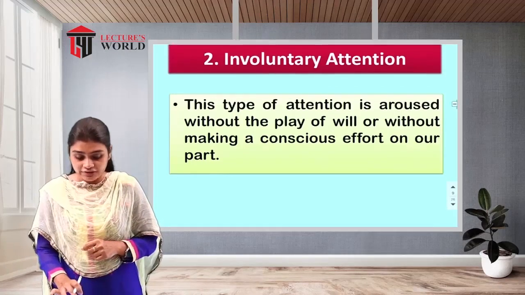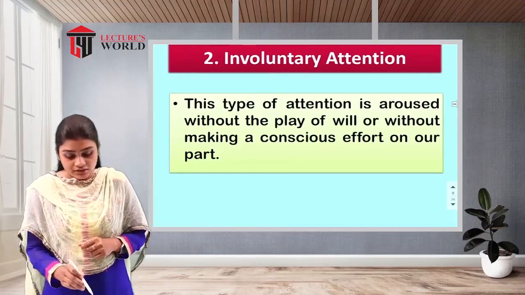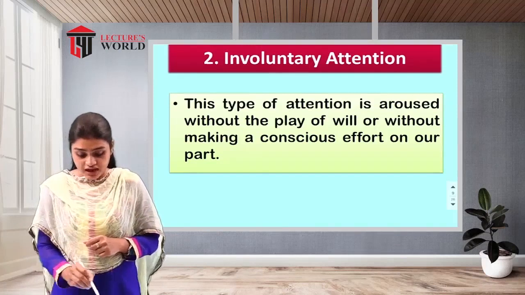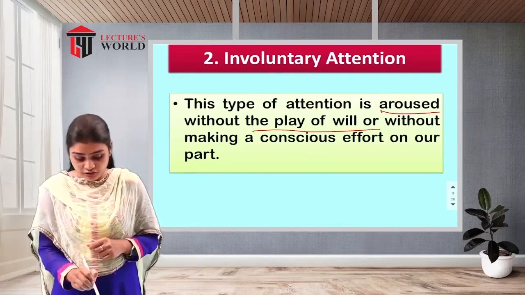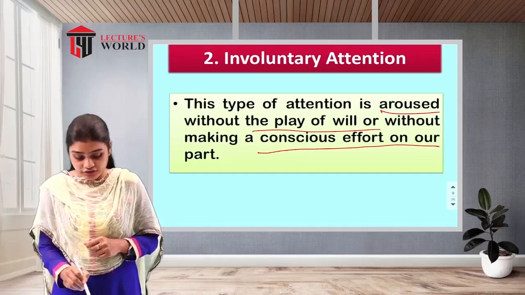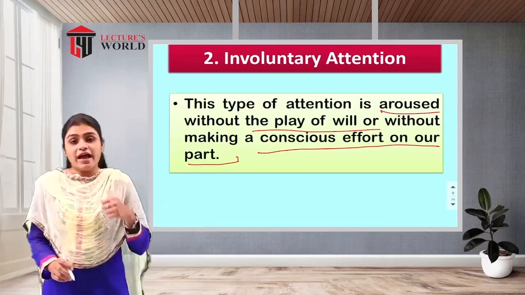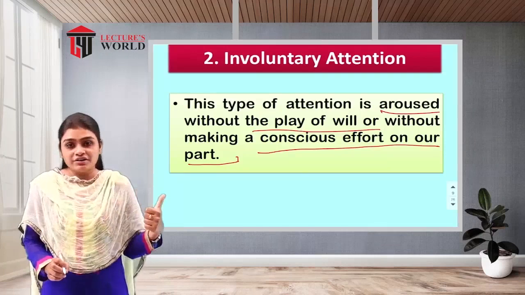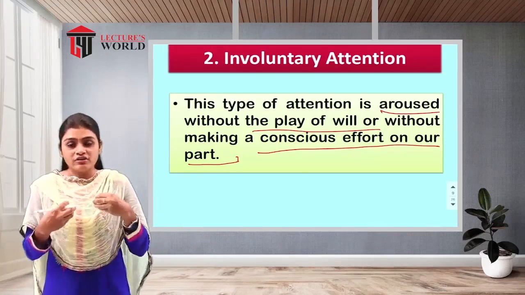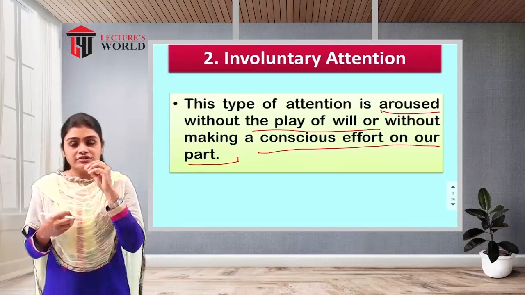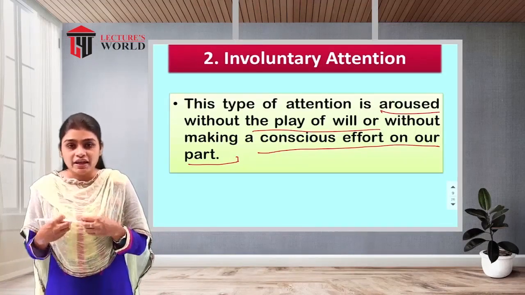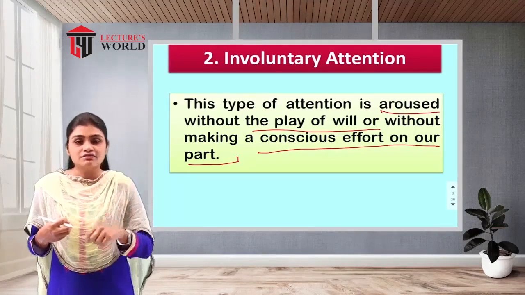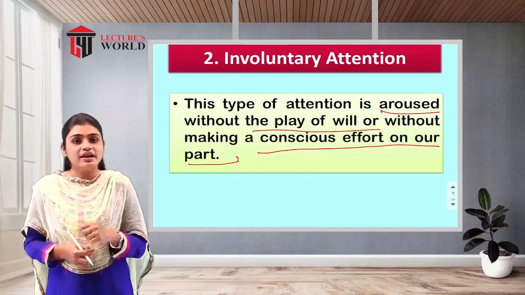So this involuntary attention, let's see. This type of attention is aroused without the play of will or without making a conscious effort on our part. As we have seen, in voluntary attention we were giving concentration from our part. But in involuntary attention, we are not working actively, but something is making us focus on that particular stimulus in the environment.